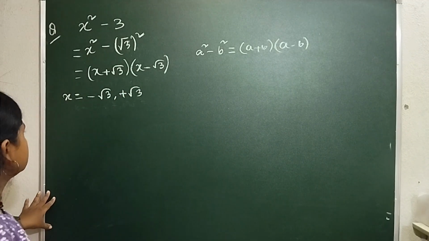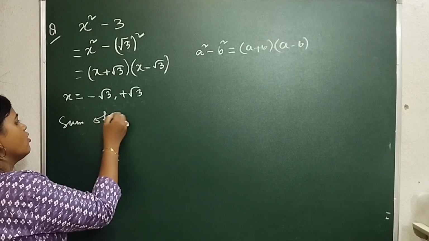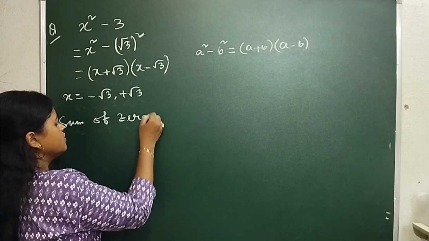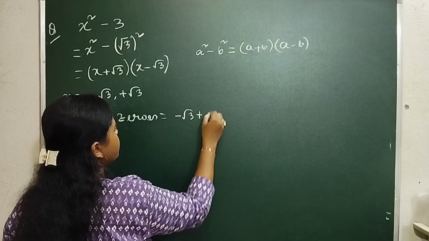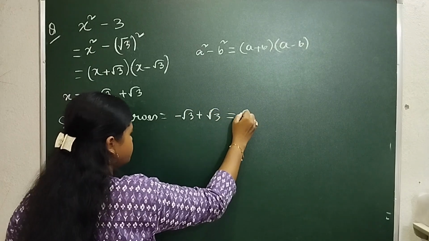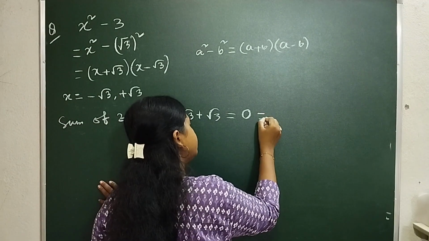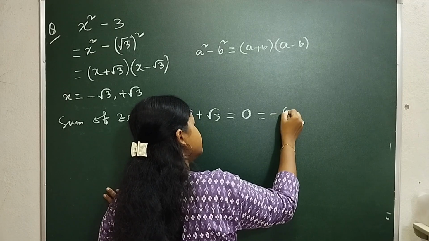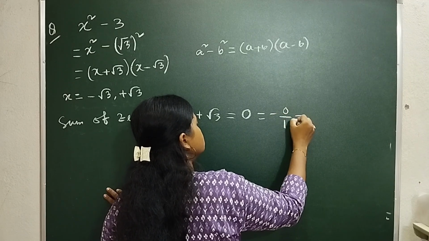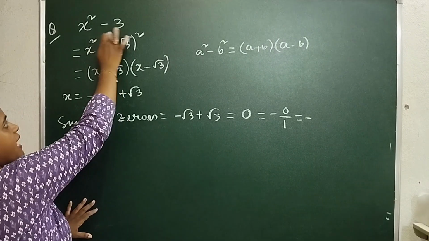So let us find out the sum of the zeros. Sum of zeros is equal to minus root 3 plus root 3, and that means 0. Okay. So 0 we can write as minus 0 by 1. So minus 0 means what? Here the x term is absent.